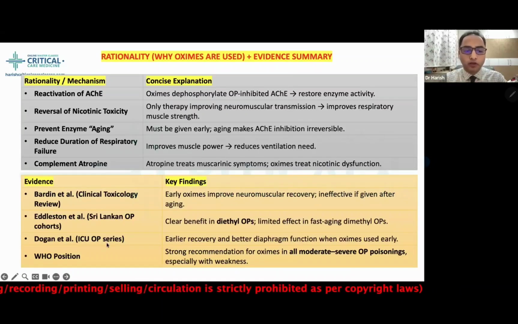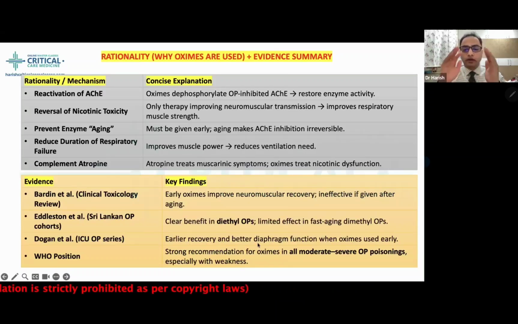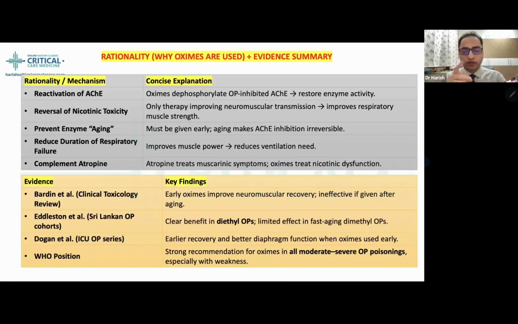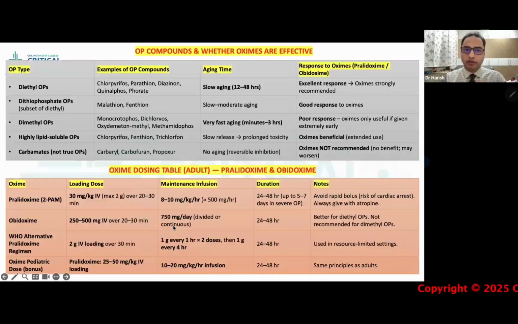Again, one more ICU OP clinical series showed earlier recovery and better diaphragm function when oximes are used early. So what is the WHO position on oximes? It is strongly recommended in all moderate to severe OP poisoning, especially when they have nicotinic manifestations with weakness. That is the WHO position statement on using the oximes.